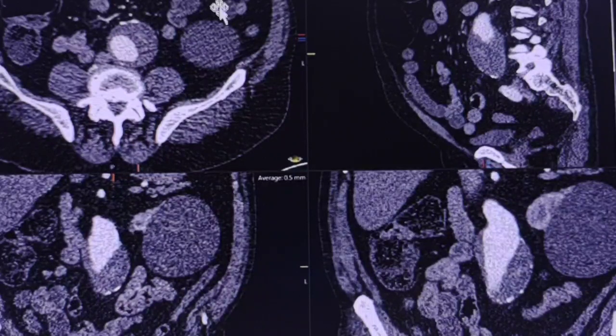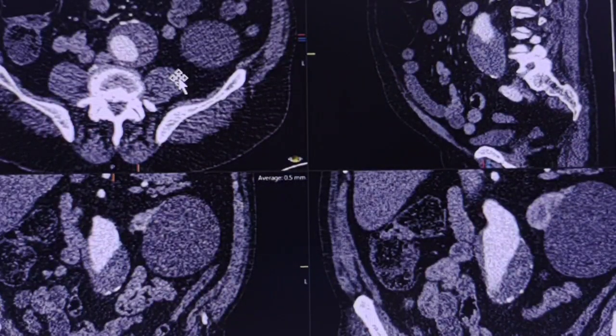Now let's go to the third case, which is less critical, and here is a female patient, 59-year-old, with acute onset central abdominal pain radiating to back, pulsatile mass in the abdomen, and the patient was hemodynamically stable.